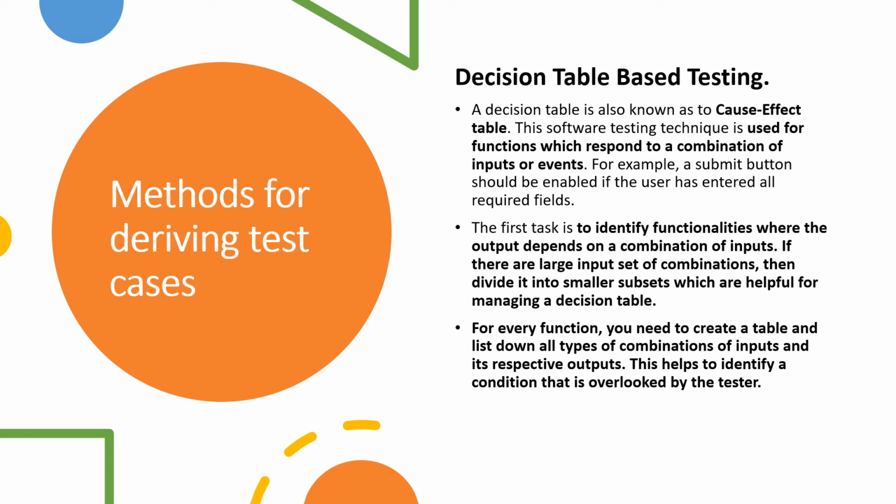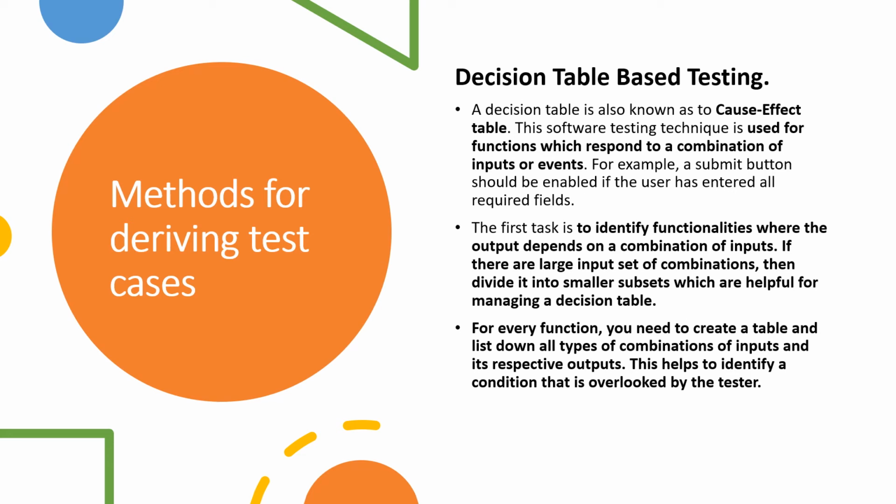So we have to make a decision table before deriving a test case. This is highly recommended from my end. It is not recommended by FuSa, or functional safety. A decision table is also known as a cause-effect table.